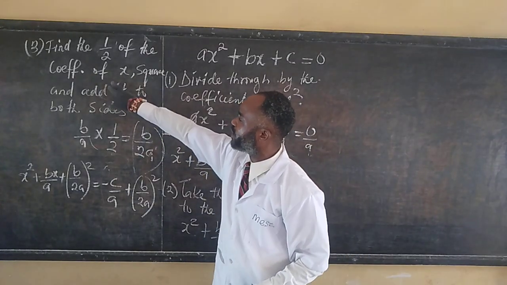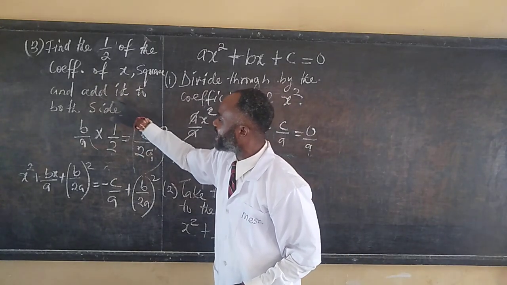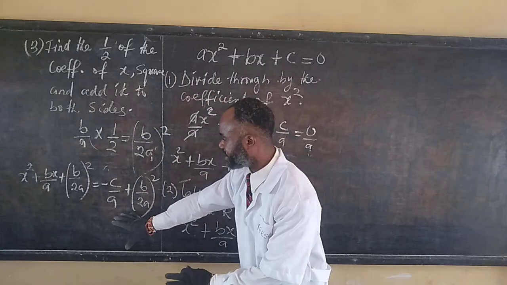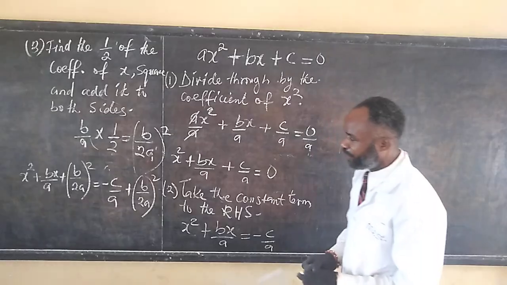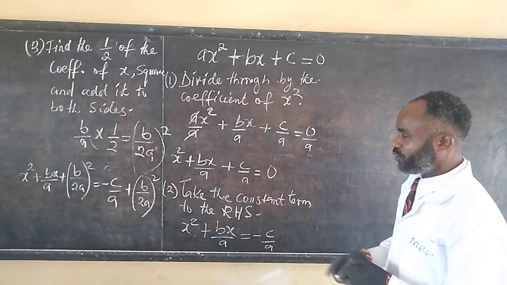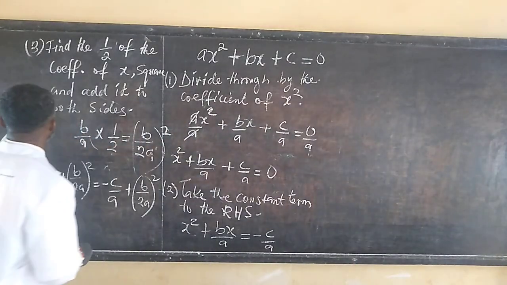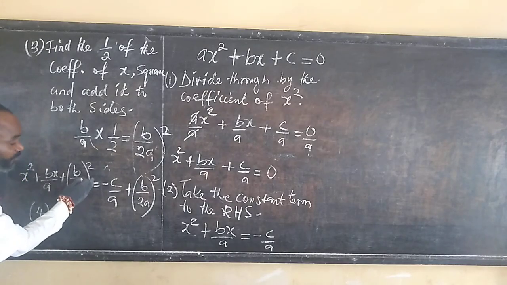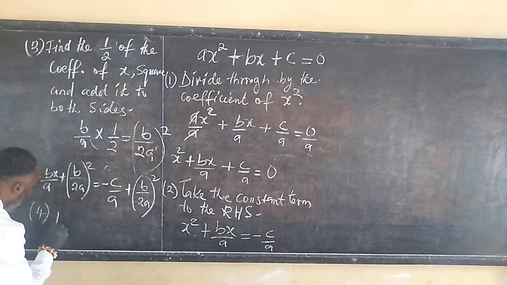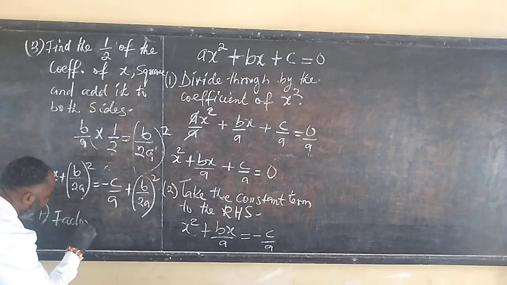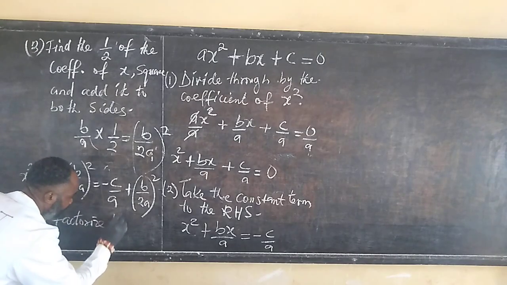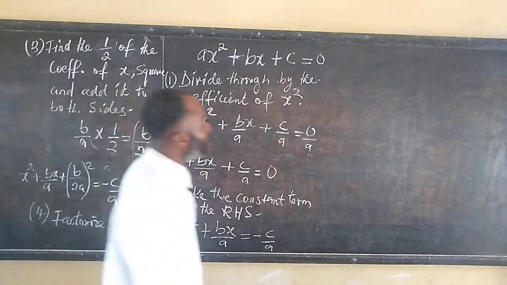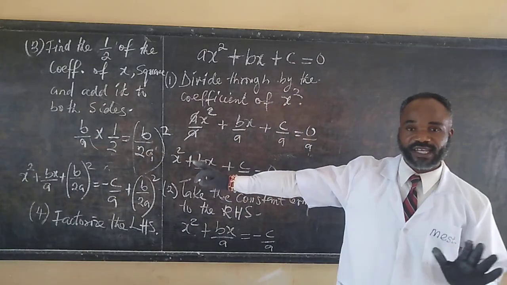Find the half of the coefficient of x and add it to both sides. We've done that. Then the fourth instruction is factorize the left hand side. How can we factorize the left hand side?